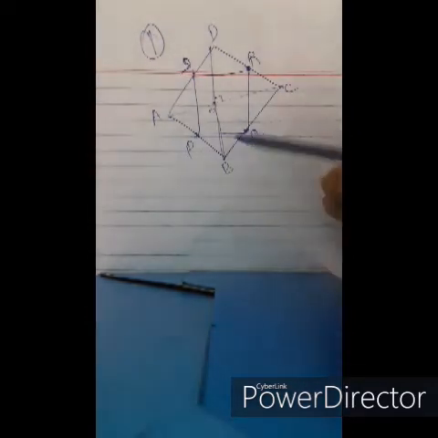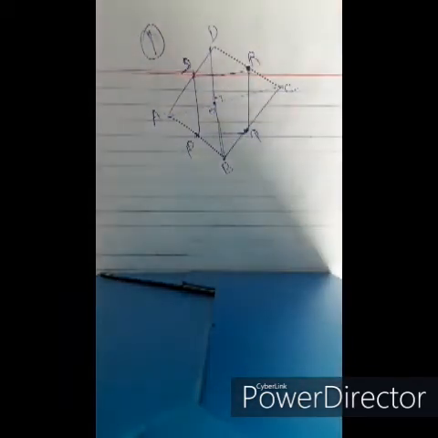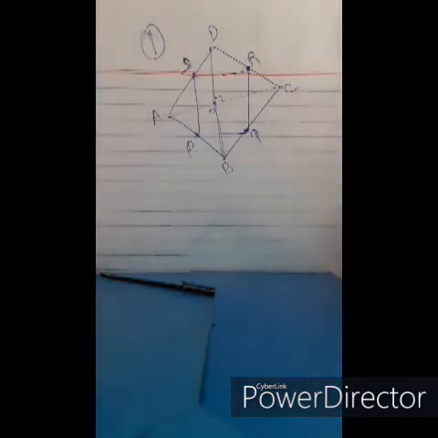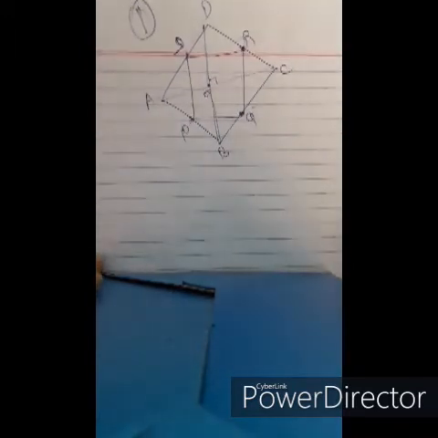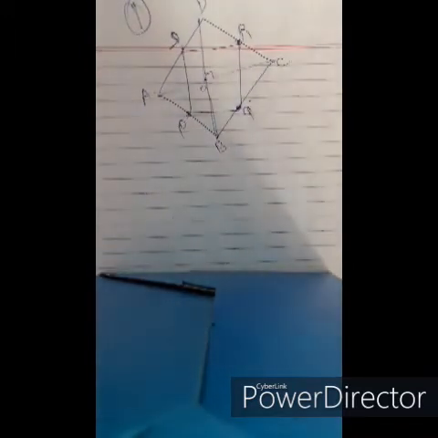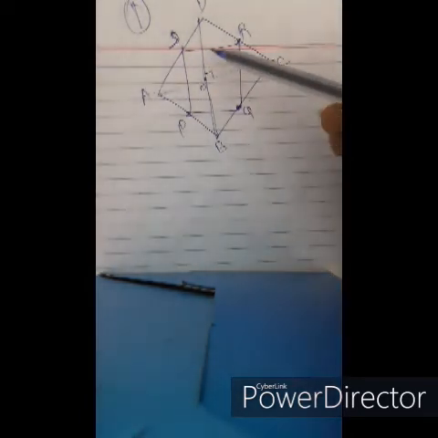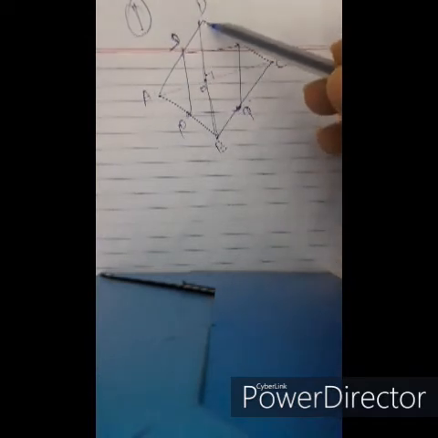Also, it is given that diagonals AC and BD are perpendicular to each other. We have to prove PQRS is a rectangle. How do we do that? So, we'll take triangle ADC first.